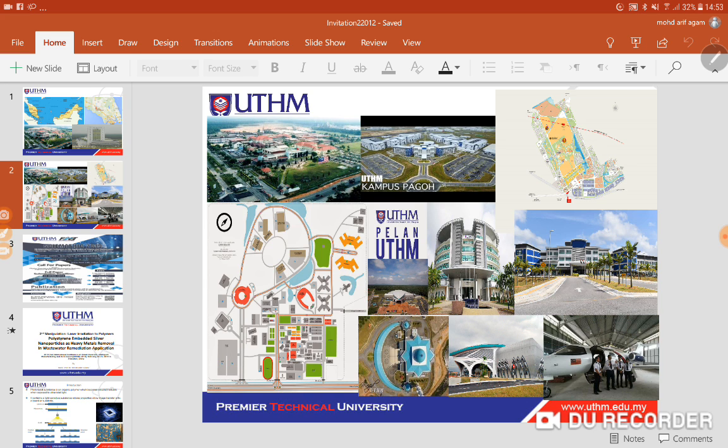It consists of a few universities. We are part of it, called the Hub Education, where 5 universities are in this area. And this is our iconic buildings in UTHM: the library, the mosque, and the convocation hall.